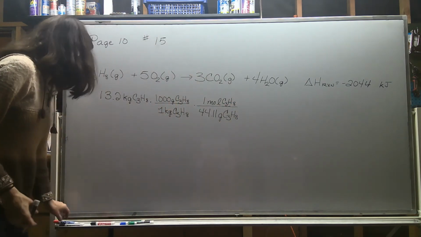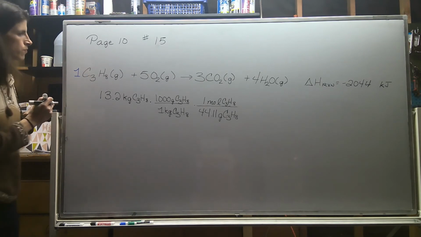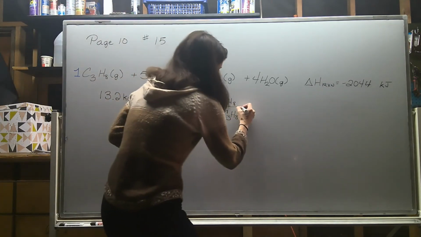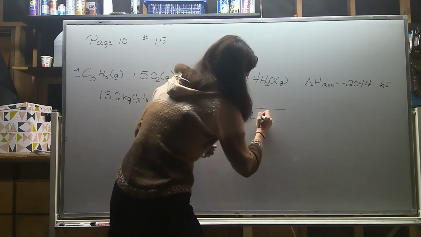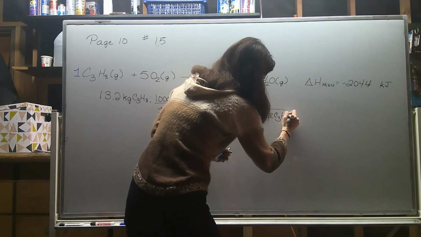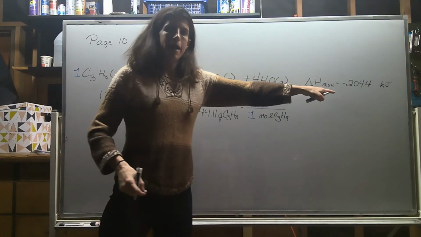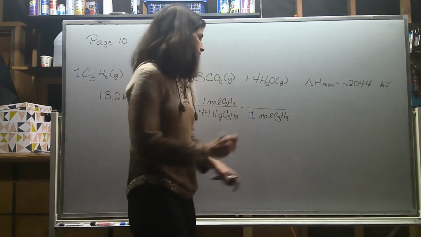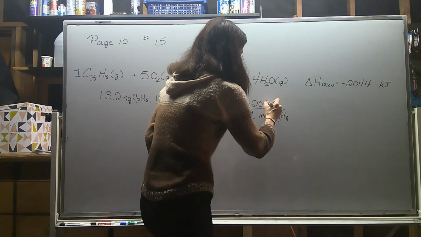Finally, now that we're in moles, we can grab the coefficient of the balanced equation. And so here I'm going to use that 1 mole of propane. And after we grab the coefficient, we can relate that back to the enthalpy value that we were given. So in the numerator, I'm going to put negative 2,044 kilojoules.